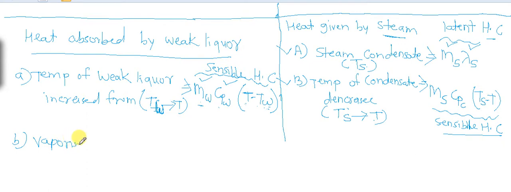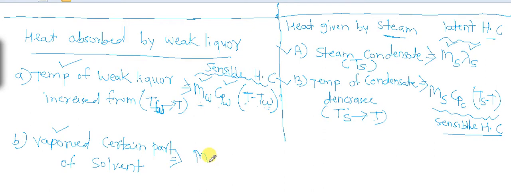So for vaporization of a certain part of the solvent, some heat is absorbed to increase the temperature of weak liquor, and this energy absorbed is calculated by this formula: mv, where mv is the mass flow rate of vapor, or the certain part of the solvent that gets vaporized, into its latent heat lambda v.